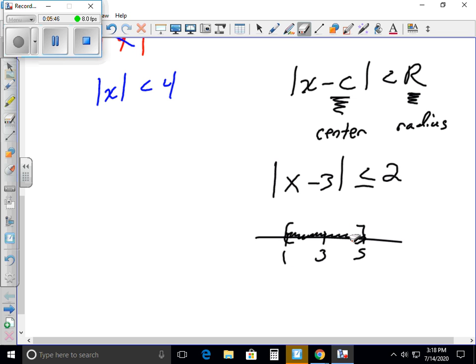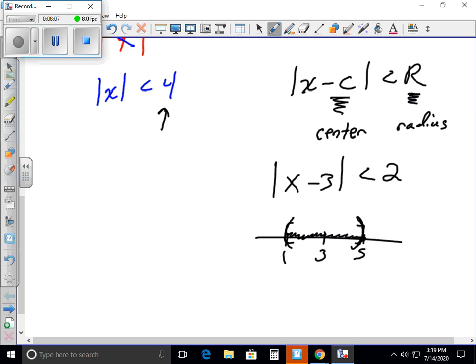So if we didn't have the equal sign there, the only difference would be we'd have parentheses there instead of brackets. So when we write an absolute value in this format, again, the number here is the center, the number here is the radius.